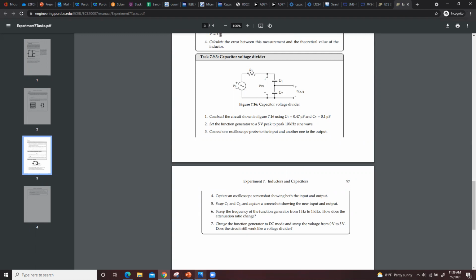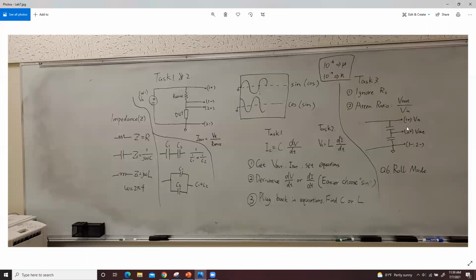So you're going to build this circuit in task 3. The circuit will be something like this. You may want to use channel 1 to detect the input. So the 1 plus will be connected to the top of the capacitor, and here is connected to W1. You want to use W1 to generate an AC signal in the first few steps.